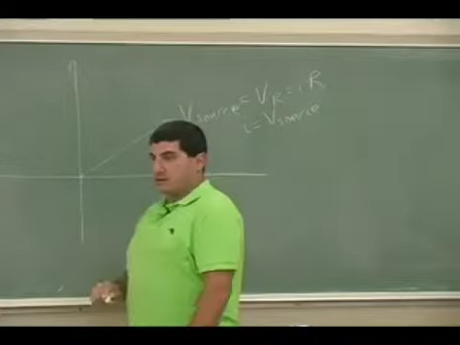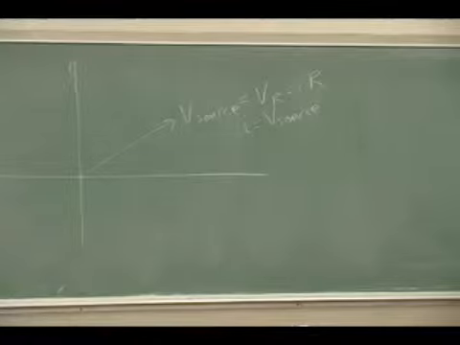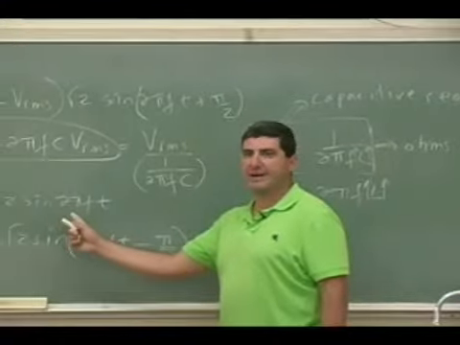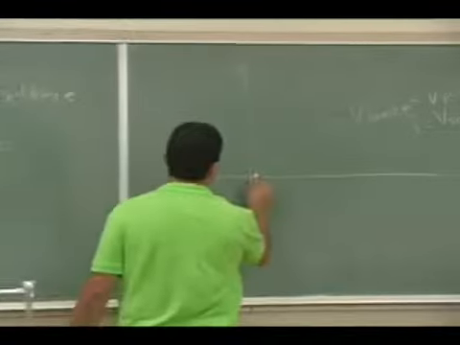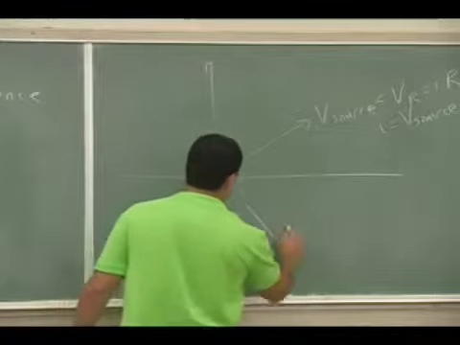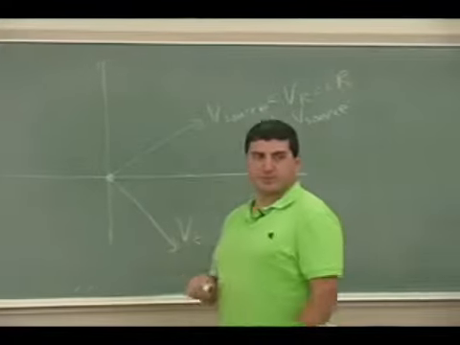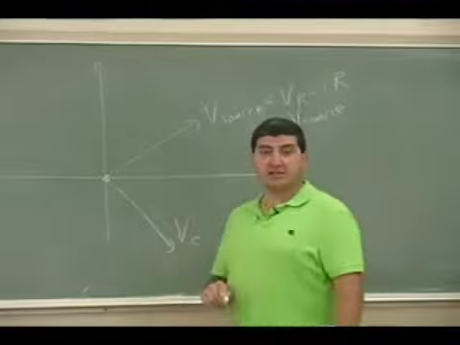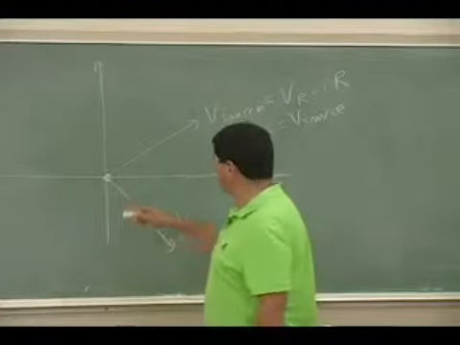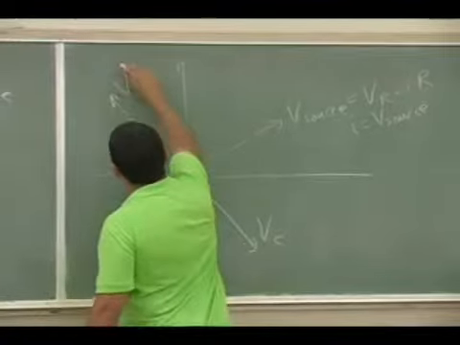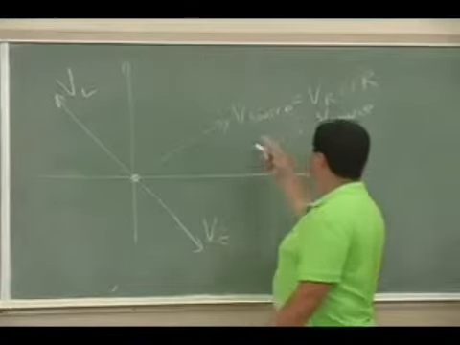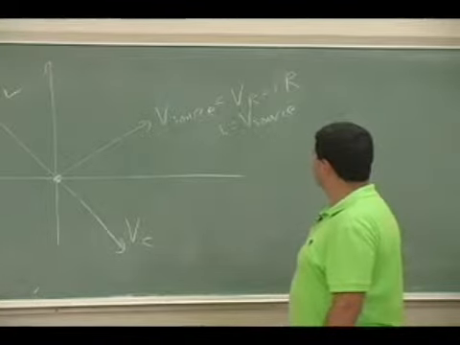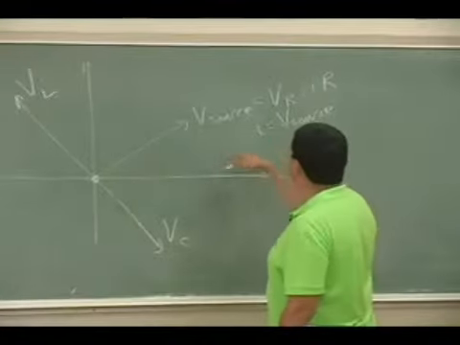Now, the voltage of the capacitor is behind the current in the circuit by 90 degrees. So the voltage of the capacitor is like this. And the voltage of the inductor, a minute ago we saw that the voltage of the inductor is ahead of the voltage of the source. Or the voltage of the inductor is ahead of the current.